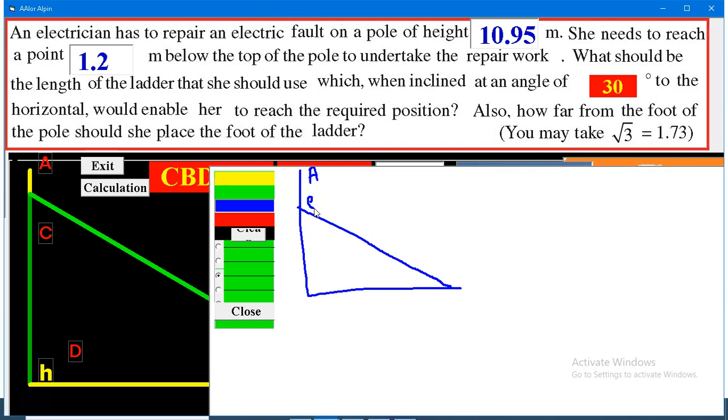This point over is C. This is D. This is B. This is a right angle triangle. BCD is a right angle triangle. AD is given as 10.95 meter. And AC is given as 1.2 meter.